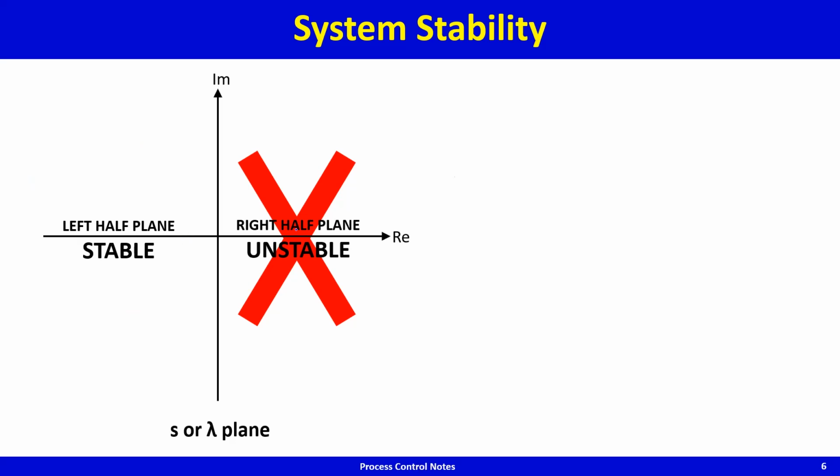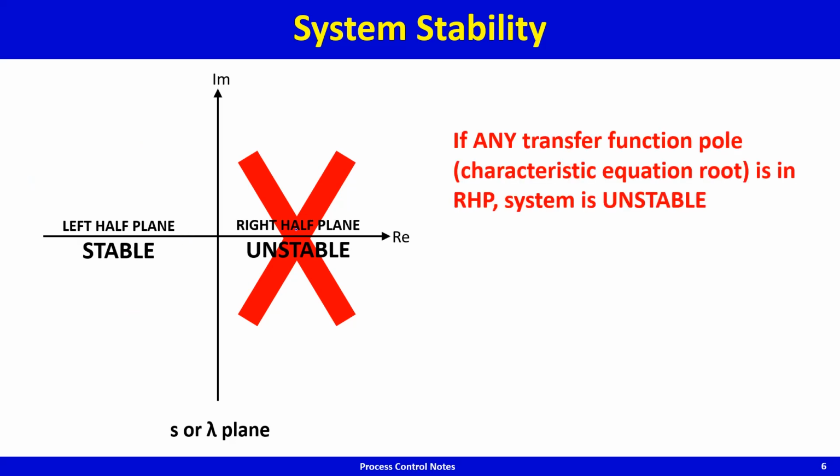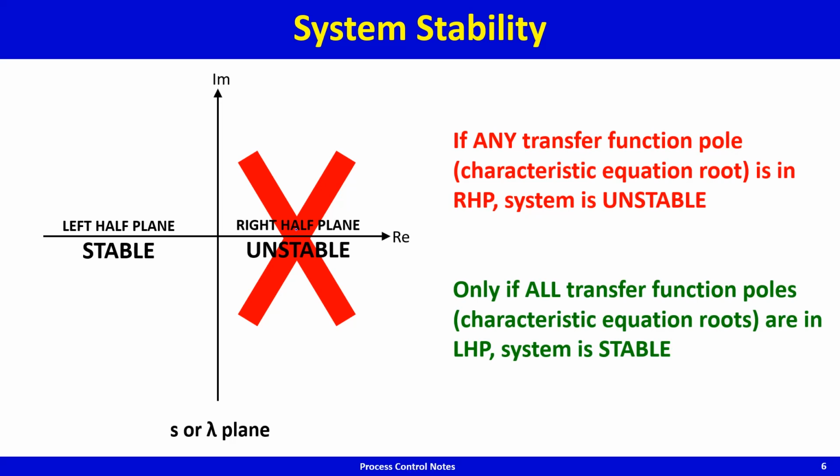Okay. So if any transfer function pole, which is also a characteristic equation root, is in the right half plane, then the system is unstable. Only if all transfer function poles are in the left half plane is the system stable.